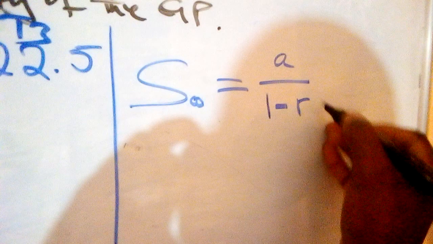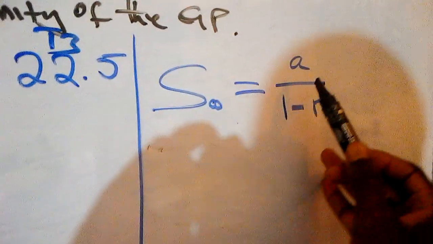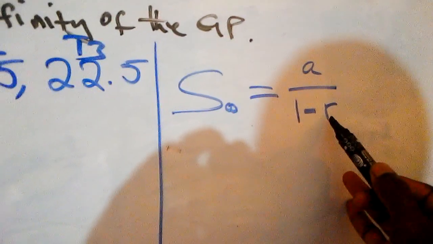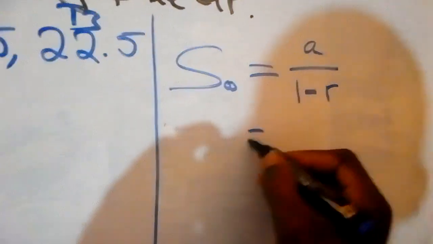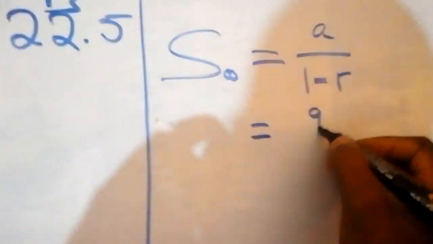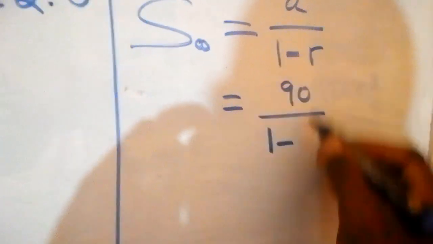Take note, a is the first term, and r is the common ratio. So the sum to infinity equals, where there is a, we put 90. Remember, the first term in the progression is 90. Then we divide by 1 minus r, where r is 1/2.